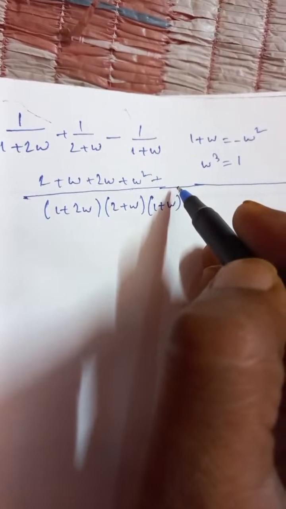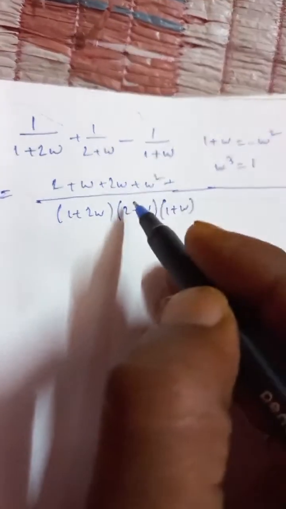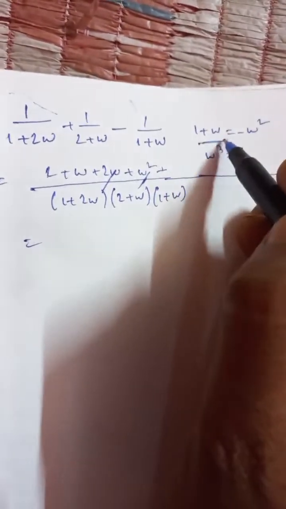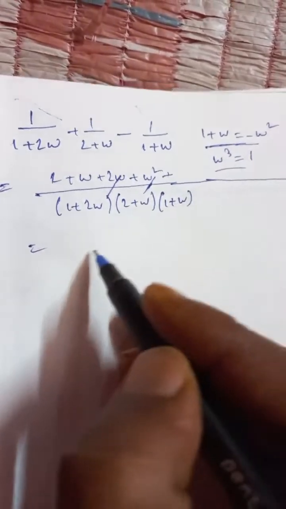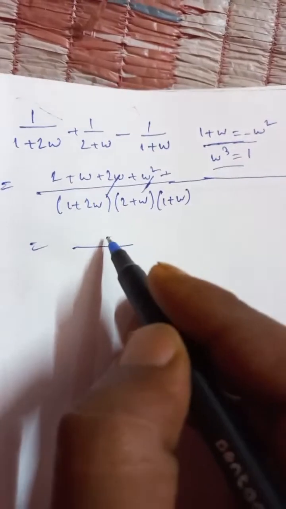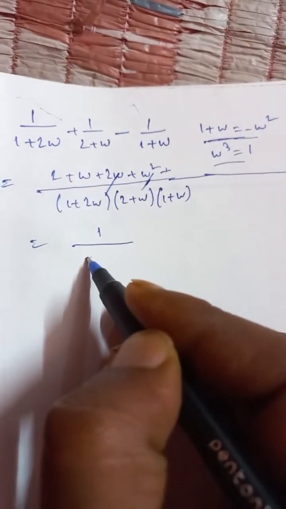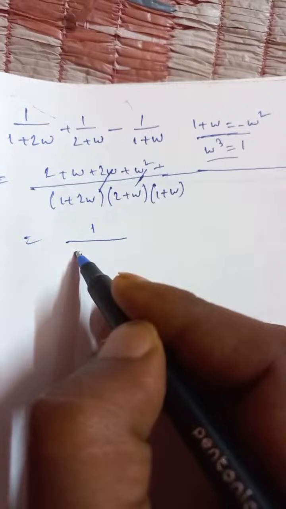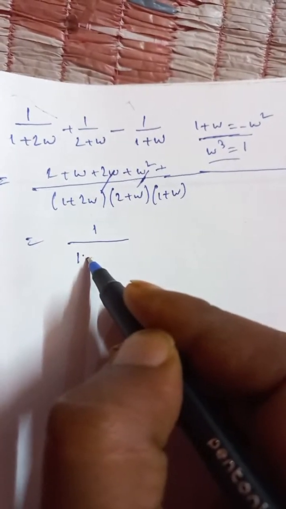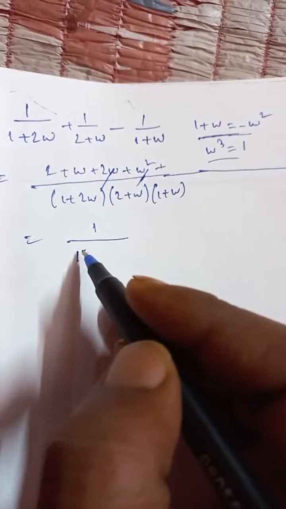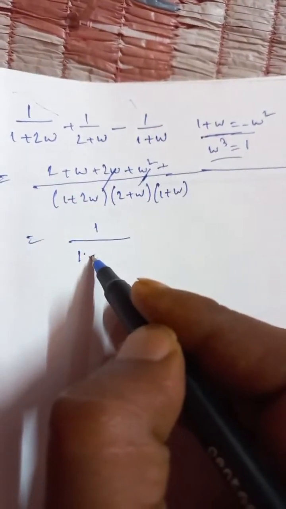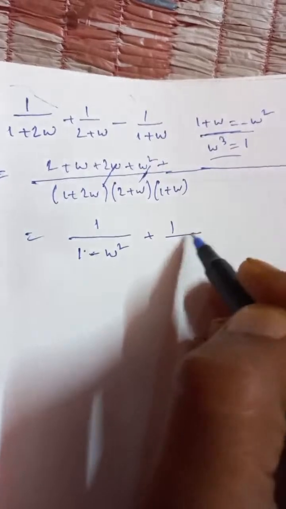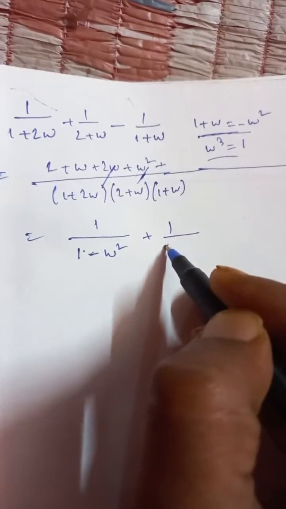Or we can solve it by just replacing these values in this way. 1 by 1 minus, we are taking it in this way, 1 plus 1 minus omega square plus 1.